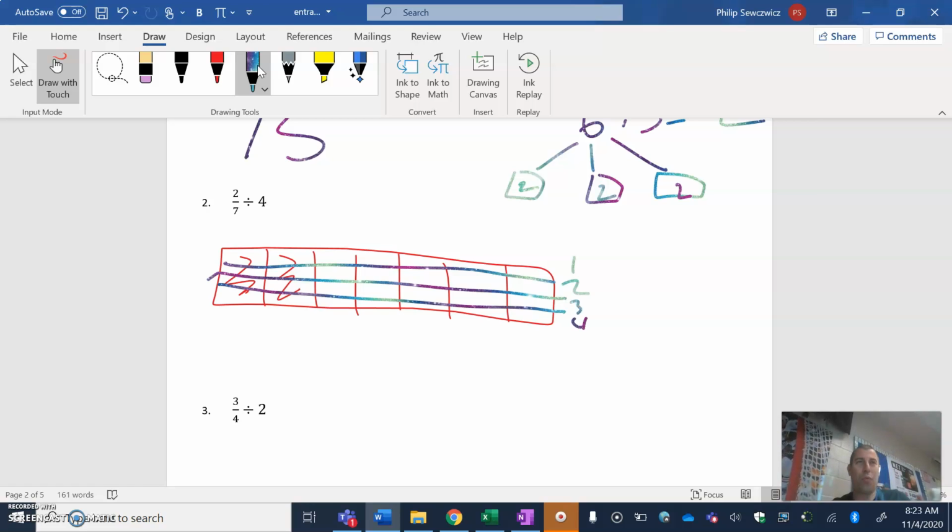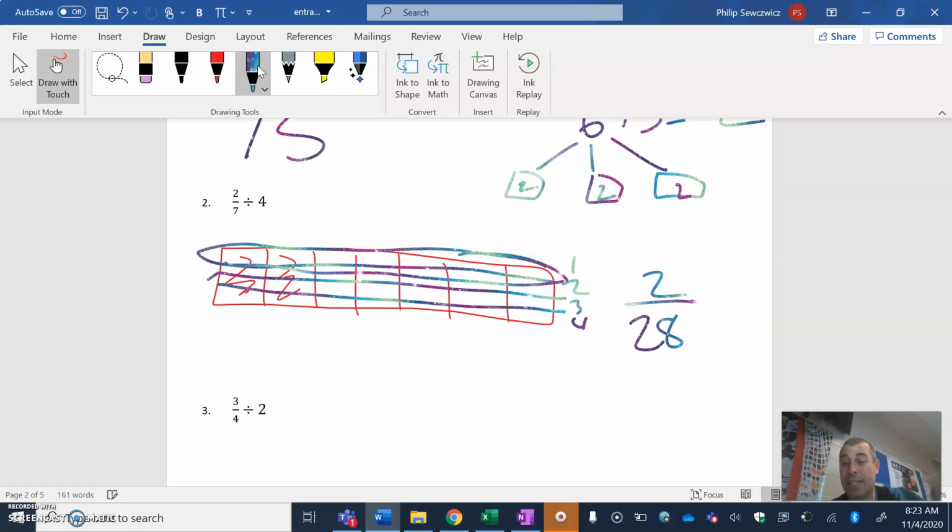Now remember, when we are doing division, we want to know how much is in each group, so it doesn't matter which one we grab. I'm just going to grab group 1. I can see I had 2 of them shaded. To figure out how many boxes there were, instead of counting all the individual ones, I went across 7 and down 4. 7 times 4 gives me 28 of them.